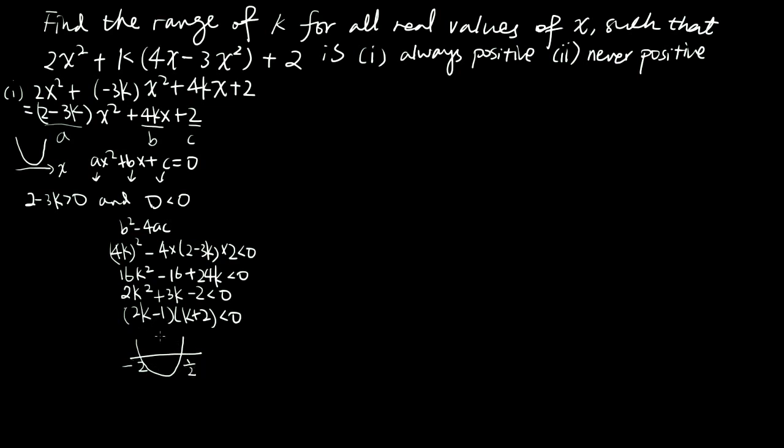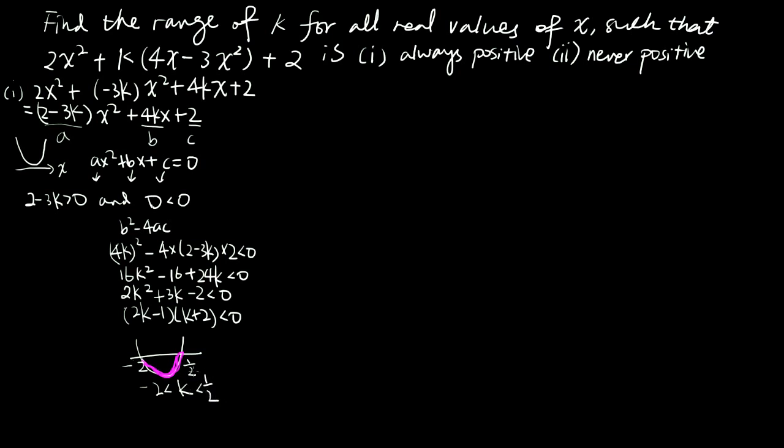If I'm looking for less than 0, I'm focusing on the negative part below the x-axis, this part. So I shall look at the region between the two roots. K should be greater than negative 2 and less than a half.